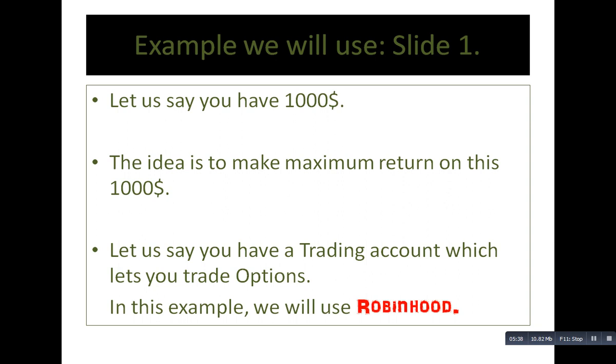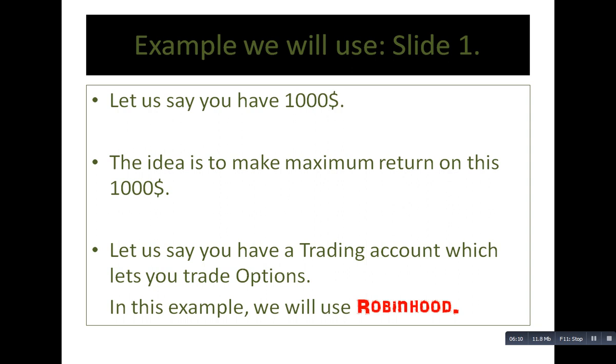But for this example, which is the examples in the slide, we are going to assume you have $1,000, and I'm going to show you some diagrams on them. The idea is to make maximum return on this $1,000. So let us say you set aside this $1,000 for a month, for a week, or for a year. You want to make maximum amount out of it with relatively lesser risk.